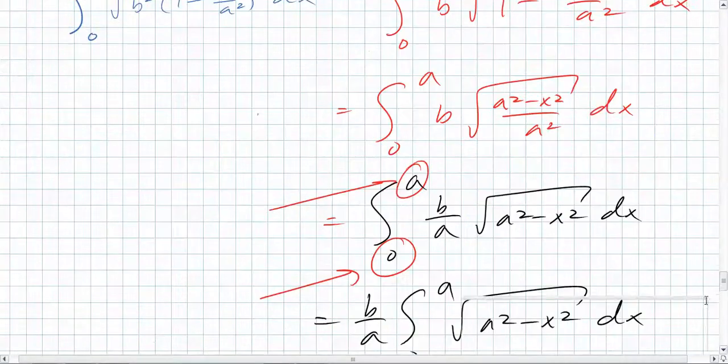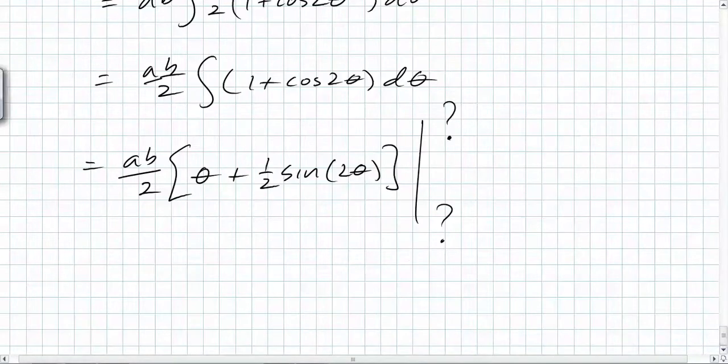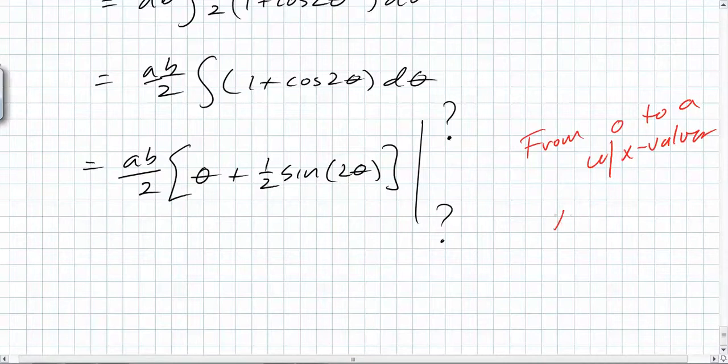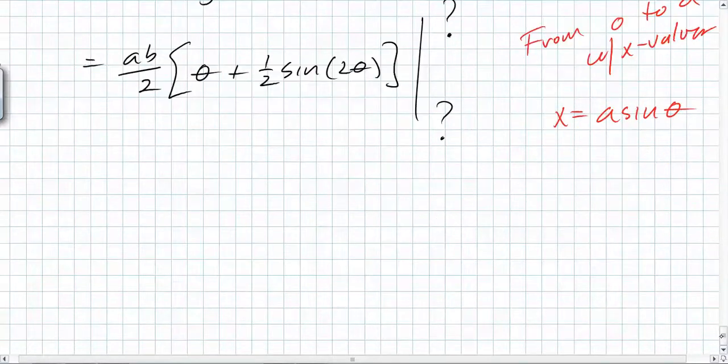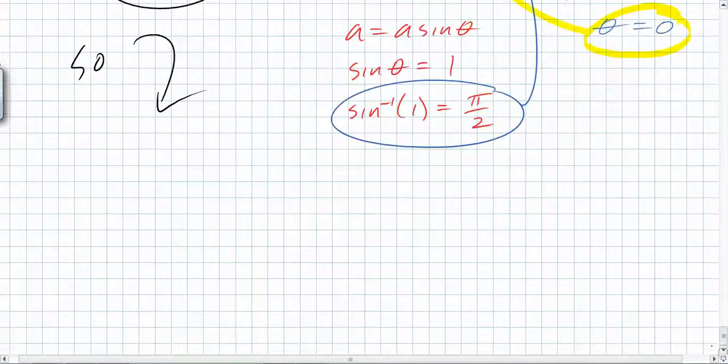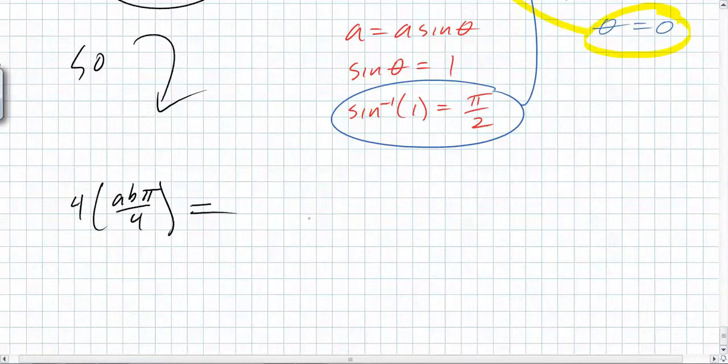Originally we were going from 0 to a with x values. But what does x equal? A sine theta. Okay. So let's actually do the substitution here. If we do this out, maybe something nice will pop out. So we just got one quadrant, so the final answer is 4 times AB pi over 4.